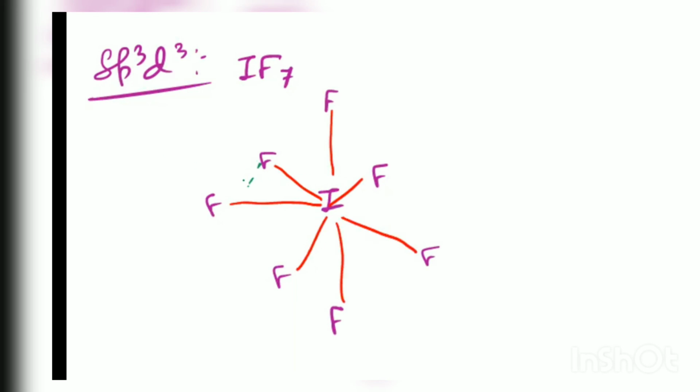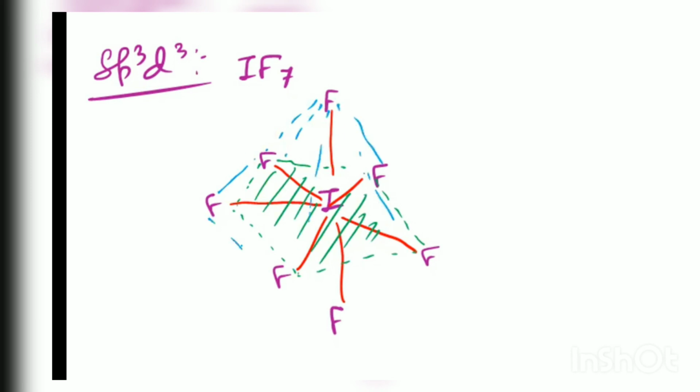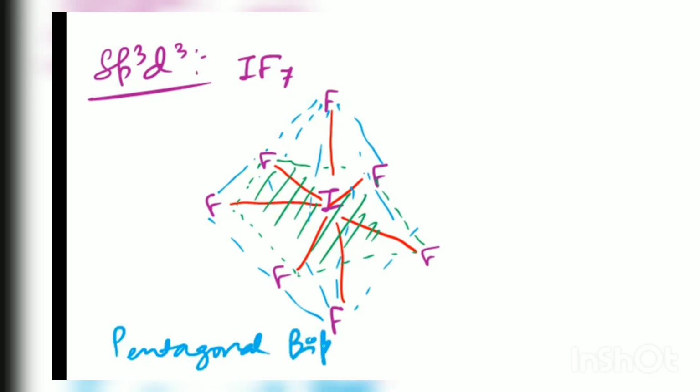You will see that after joining them with imaginary lines, the base is looking like a pentagon, right? If we then join the two axial fluorines, you can again see a pyramidal structure forming. So what will the structure be called? You have guessed right. It will be called pentagonal bipyramidal.